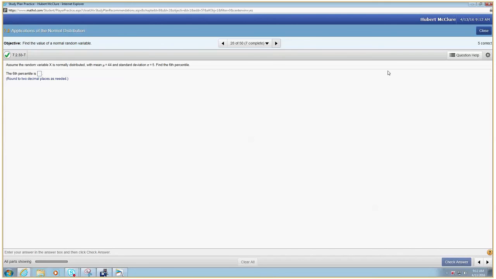All right, try that one. Assume that X is normally distributed with a mean of 44 and a standard deviation of 5.